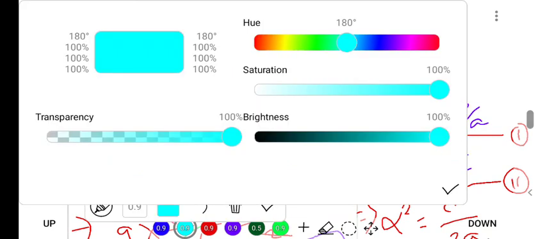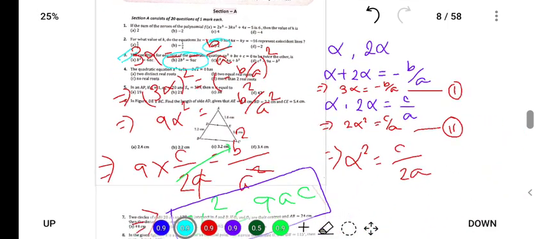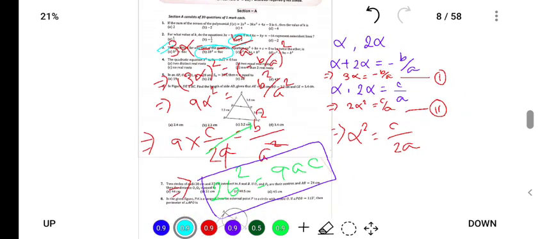So once again you can check how we have done this. One root is alpha, the other is twice it, so alpha and 2 alpha. We took the sum, and the product using the formula. Then we took the square on both sides of equation 1.